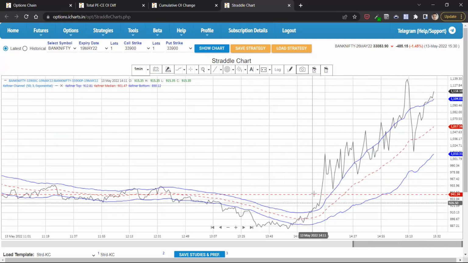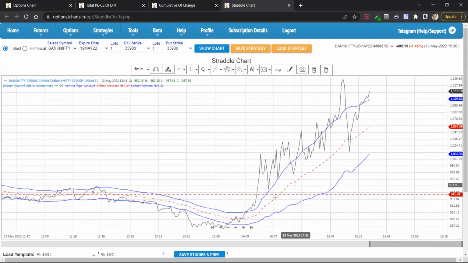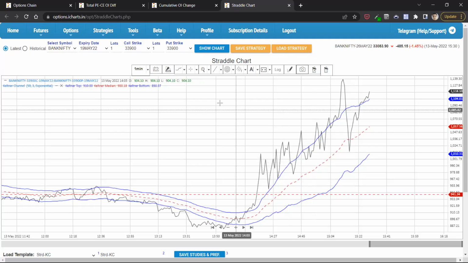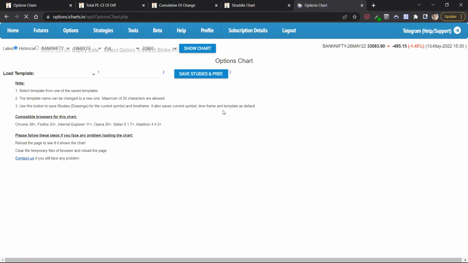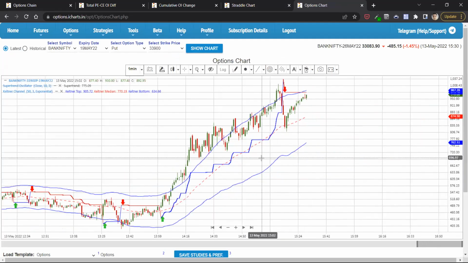While removing the hedge, are you waiting for 1% or just removing instantly? What I do is once I take a hedge, I just go to the option chart. The 33,900 put was there. So I am out over here.